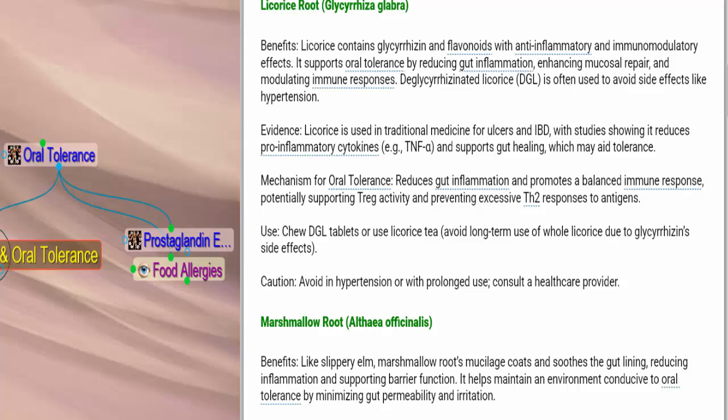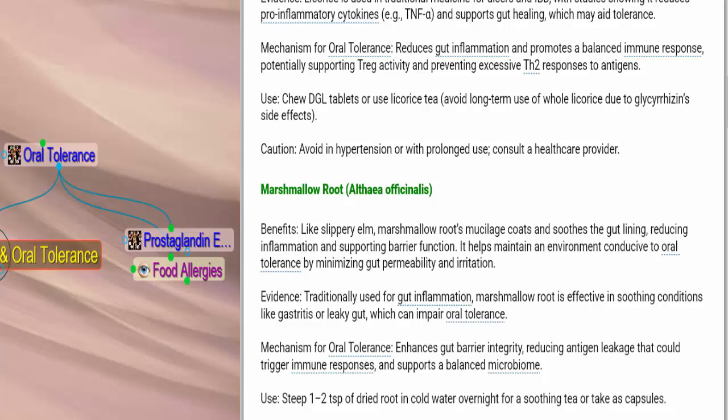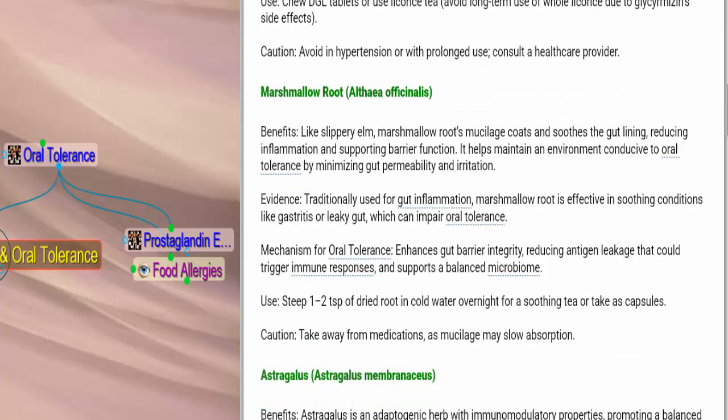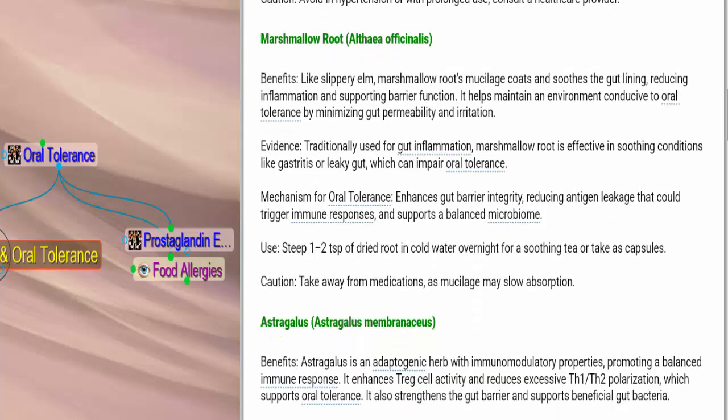As far as the evidence goes, it's been used in traditional medicine for ulcers and irritable bowel disease, with studies showing it reduces pro-inflammatory cytokines and supports gut healing, which may aid tolerance. Mechanisms for oral tolerance: well, it reduces gut inflammation, promotes balanced immune response, potentially supporting Treg activity, and preventing excessive Th2 responses to antigens.